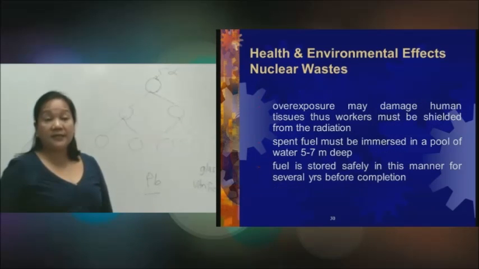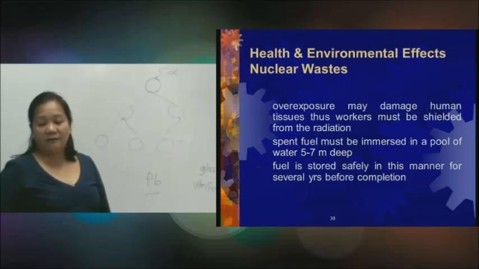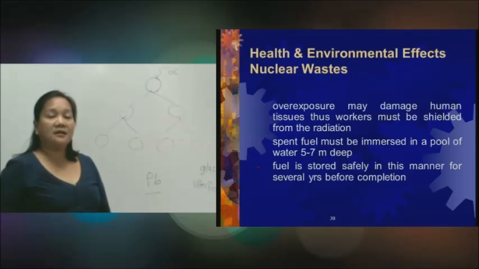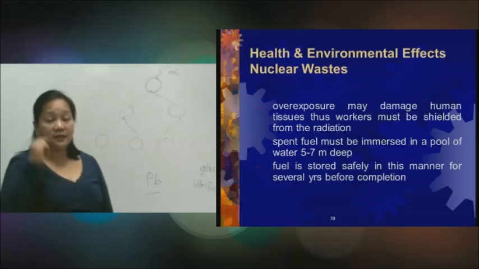Now, it has been found out also that overexposure of workers can damage their human tissues. That's why they have this hazard pay. So for those who are working in the nuclear power plant, they have this hazard pay.